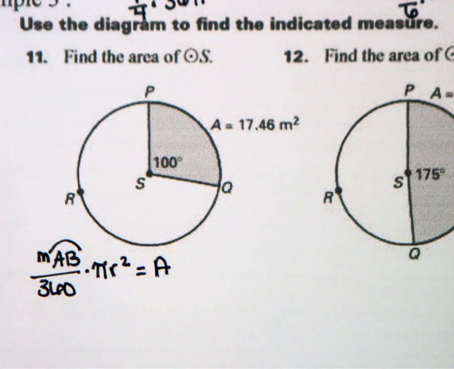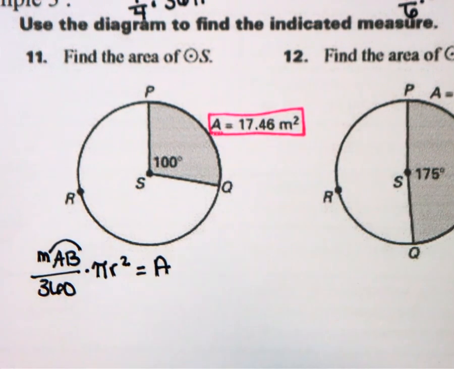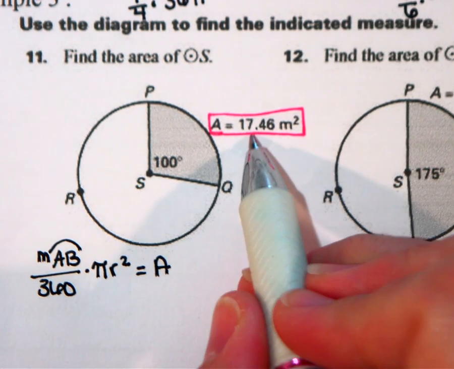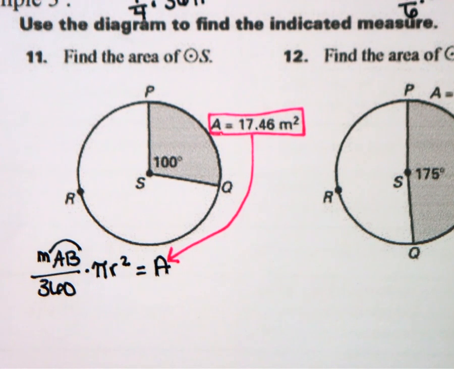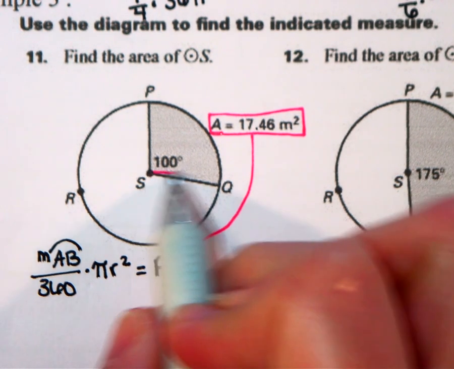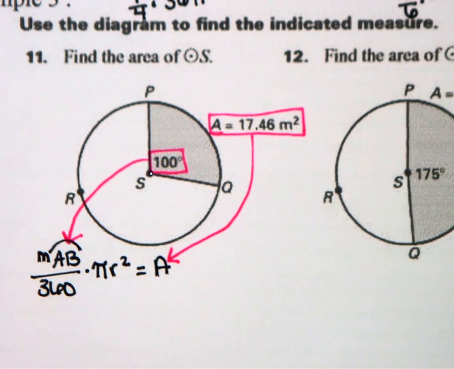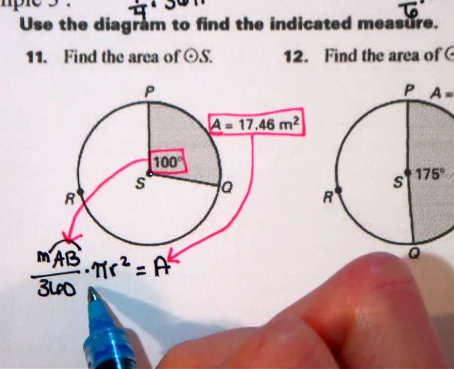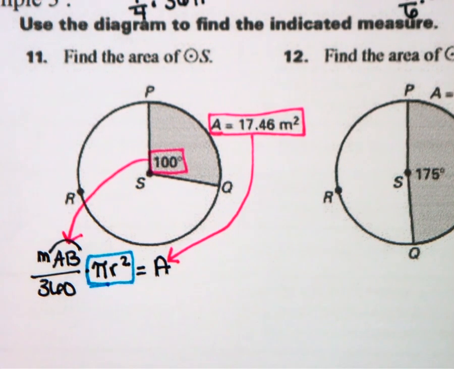Okay? This area, see how it's not in terms of pi, so we don't want to leave ours in terms of pi. This area goes right there. This 100 is the measure of the arc. And what we are looking for is the area of the whole circle.